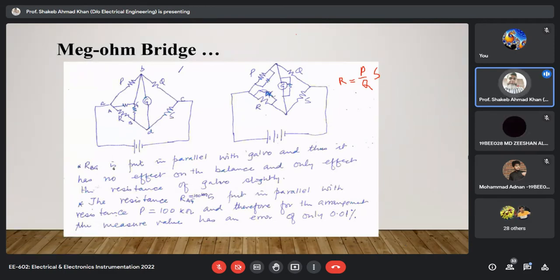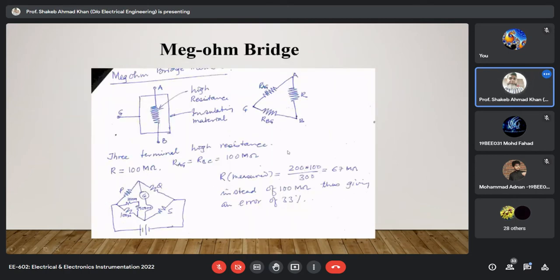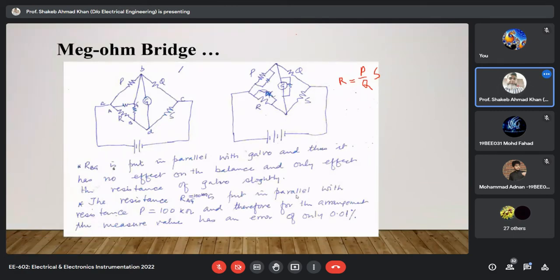So in this case, even if we are not including the effect of this modification, because this resistance is not easily measurable, we will get an error of only 0.01%. Do you understand? Yes, sir. Instead, we are taking 100 kilo ohm to calculate the unknown resistance, but actually it is 99.9 kilo ohm. So earlier, when we were not connecting it that way, we were getting an error of around 33%, and now it is reduced to 0.01%.